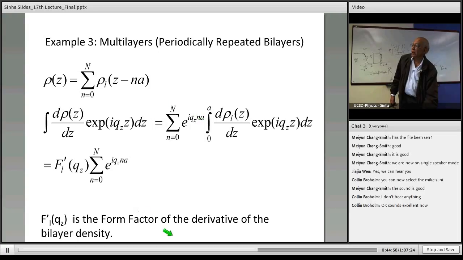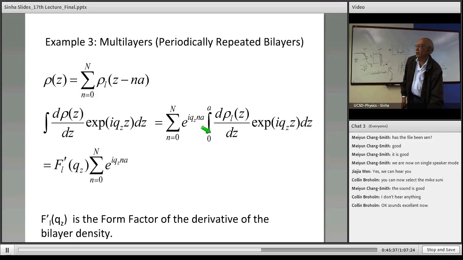So it's like doing e to the iq(z minus na), and then rho of (z minus na), so I can just shift the origin to na, but then I have to compensate by putting this phase factor outside to make sure that I haven't changed this expression. And so this now is the same for every bilayer. It's just the integral from 0 to A over one period of the Fourier transform of the derivative of that bilayer density, and I call that essentially a form factor as a function of Qz, and it doesn't depend on n.